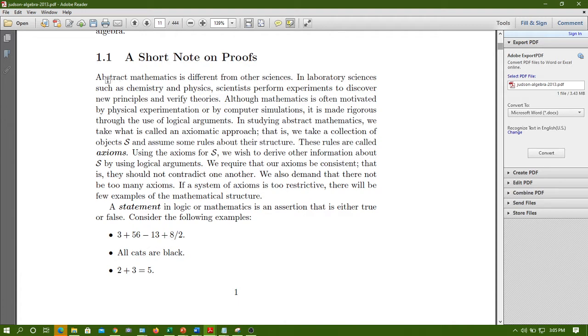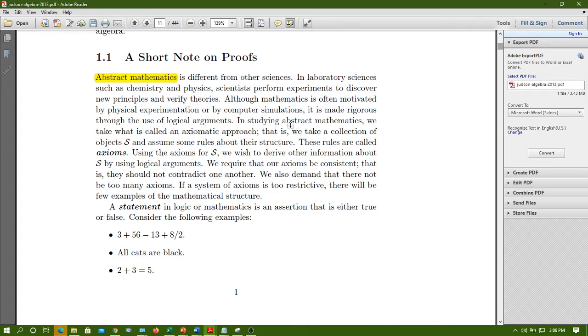So abstract mathematics is different from other sciences. In laboratory sciences such as chemistry and physics, scientists perform experiments to discover new principles and verify theories. Although mathematics is often motivated by physical experimentation or by computer simulations, it is made rigorous through the use of logical arguments.